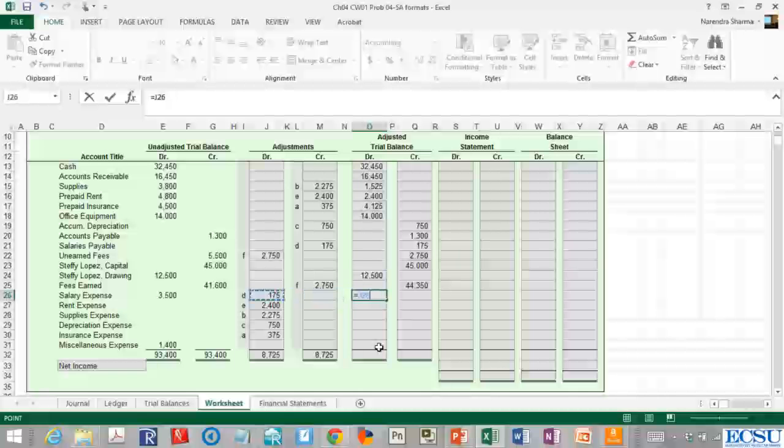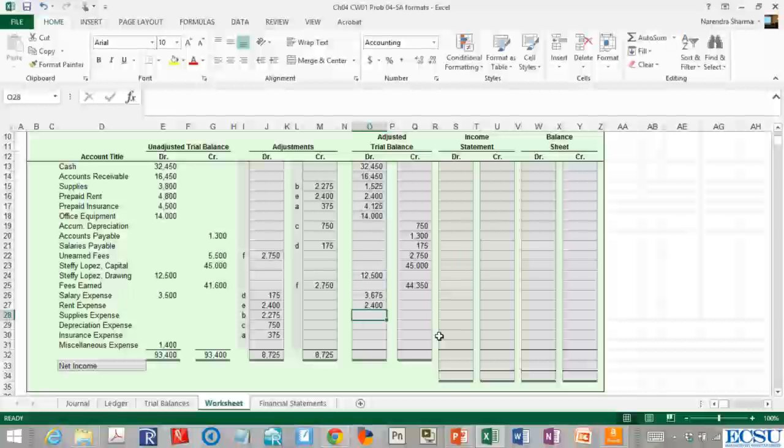Yes, this is a debit because there was a debit here plus a debit here, so that will give a debit total of 3,675. Rent expense 2,400 on the debit. Supply expense 2,275 on the debit. And then next is depreciation expense debit 750, insurance expense 375 debit, and then miscellaneous expenses 1,400 debit.